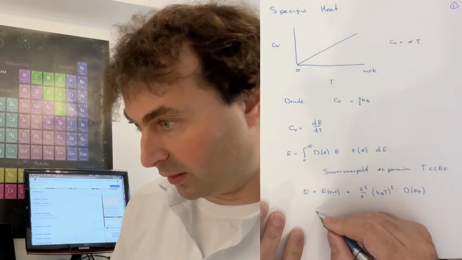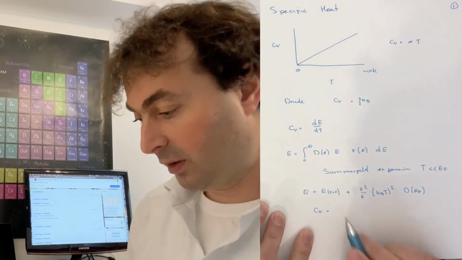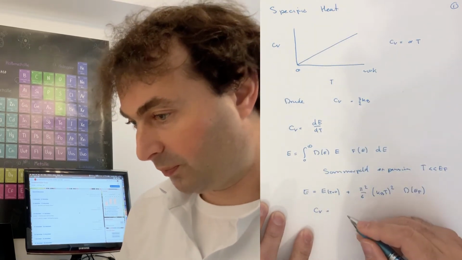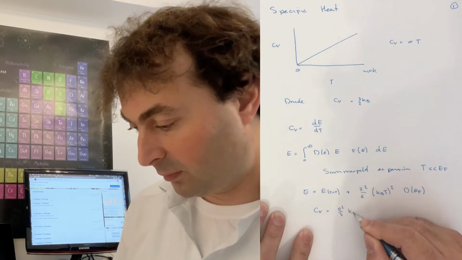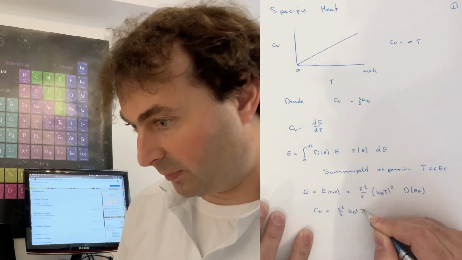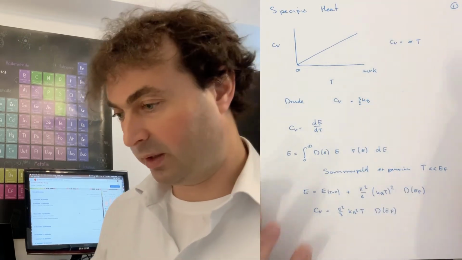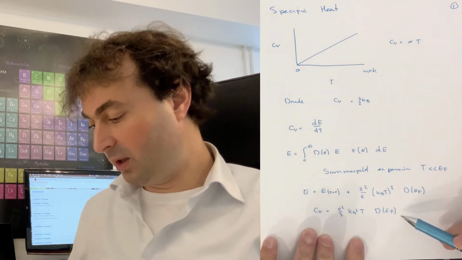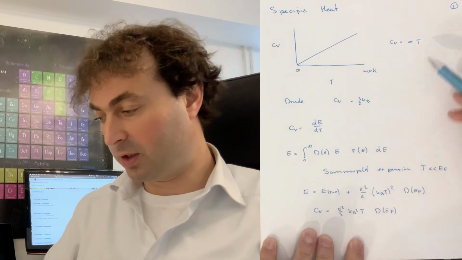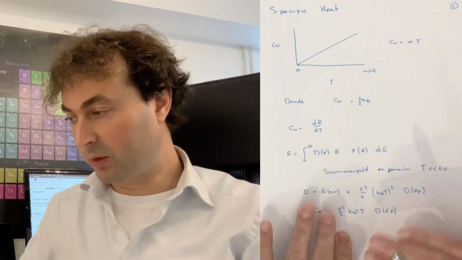We can then of course calculate the specific heat as the derivative, which becomes pi squared over 3 K Boltzmann squared T times the density of states at the Fermi energy. And you see very nicely that, indeed, the specific heat is linearly proportional to temperature.